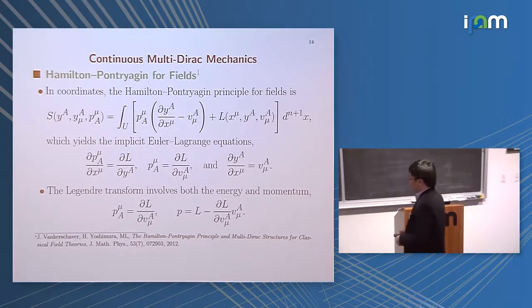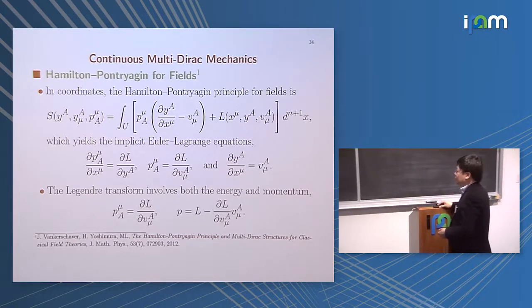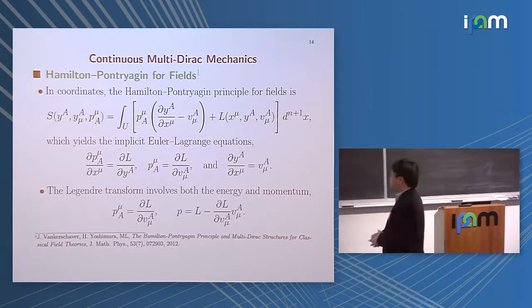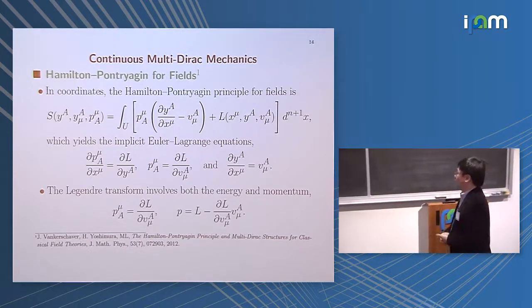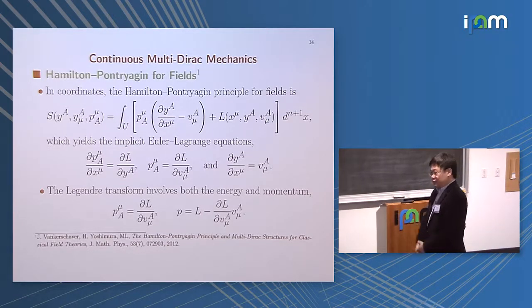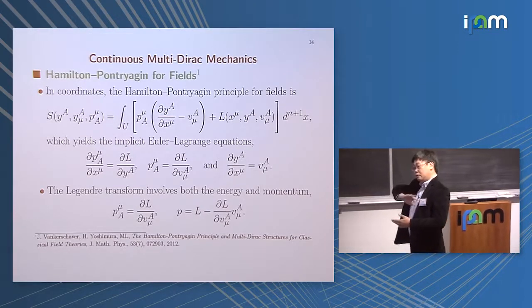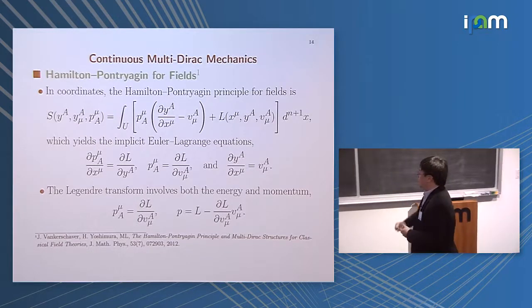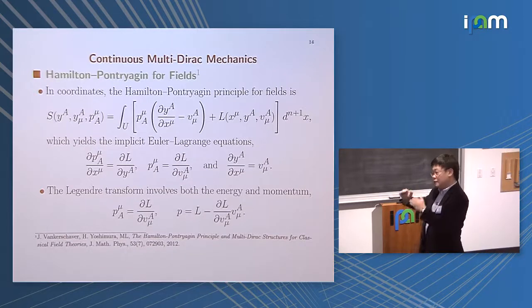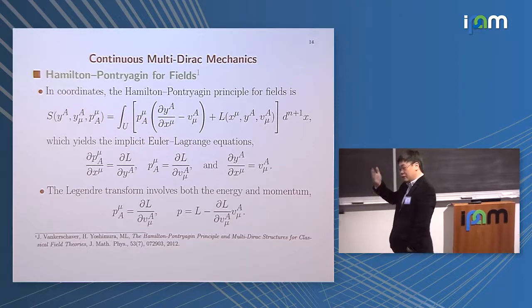One thing I should mention is that the reason to take this multi-symplectic perspective, as opposed to perhaps the more common infinite-dimensional Hamiltonian or Lagrangian perspective, is that you have this space-time diffeomorphism symmetry acting on the problem. In the usual infinite-dimensional Hamiltonian approach, you pick a slicing of space-time and integrate the Lagrangian and Hamiltonian over that, so you can think of it as an infinite-dimensional Lagrangian Hamiltonian system.